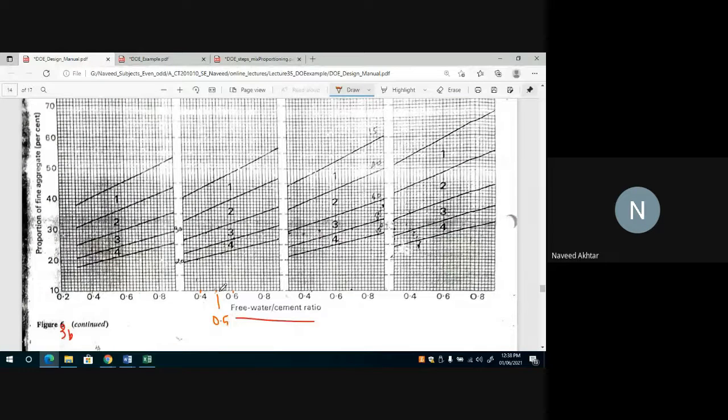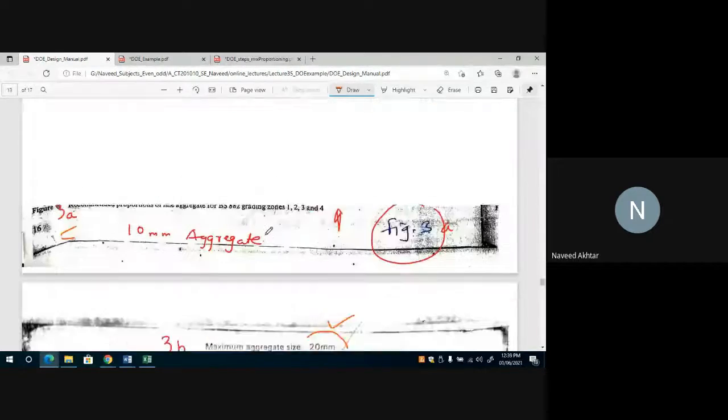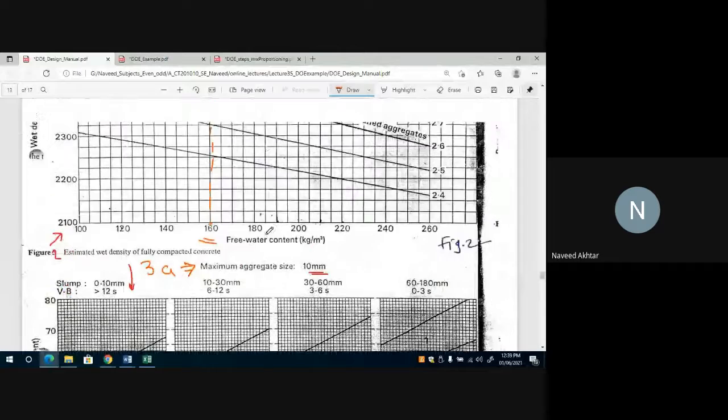Now in our case the value is 0.53, so somewhere here is my free water to cement ratio. So I'll draw a line parallel to the lines. Okay. Now the proportion of my fine particles, that is 600 micron, is 50%.